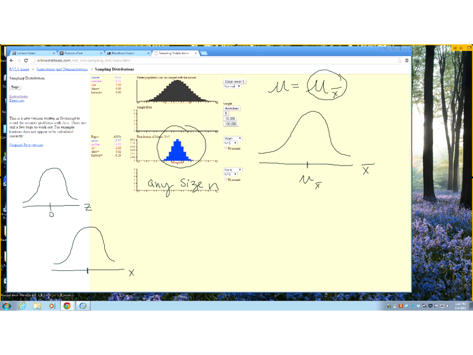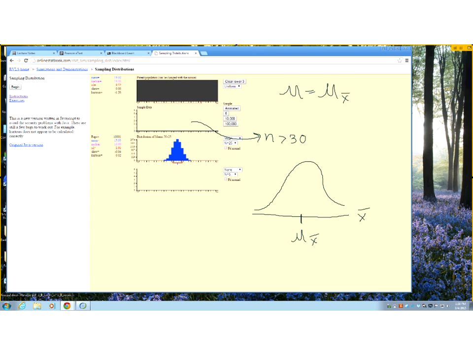And I had a case where the population was normally distributed, and then another case where the population was not normally distributed. So now that we know that our sample means are going to be normally distributed, we can continue using that table that we talked about the other day. We can continue using our table A2 to find areas underneath the curve.